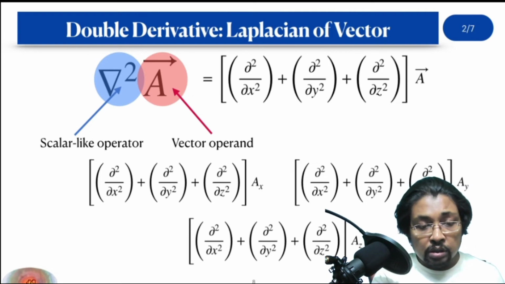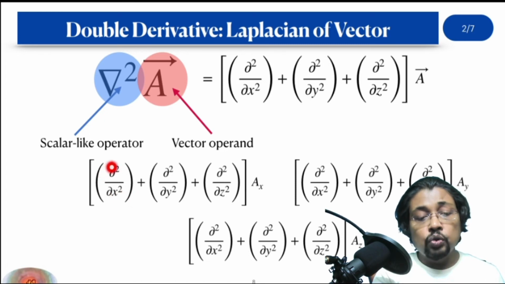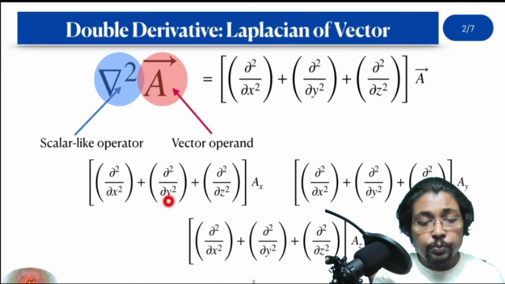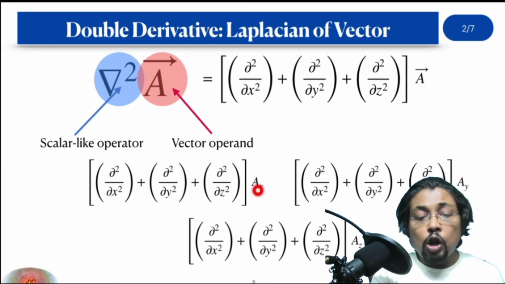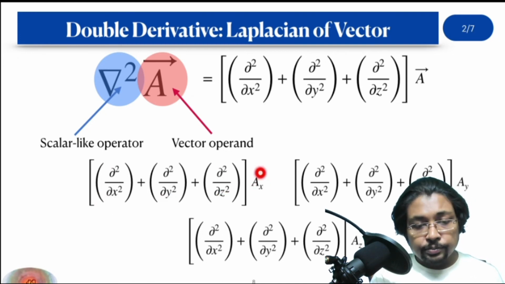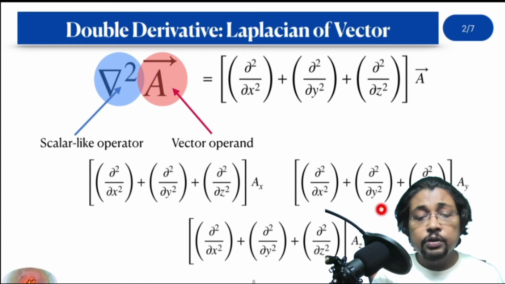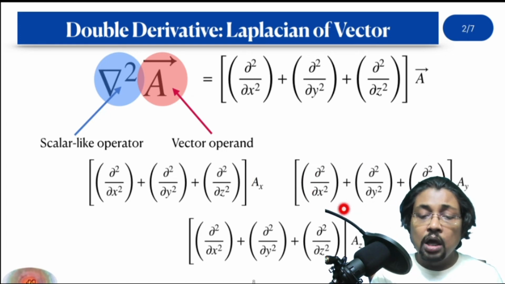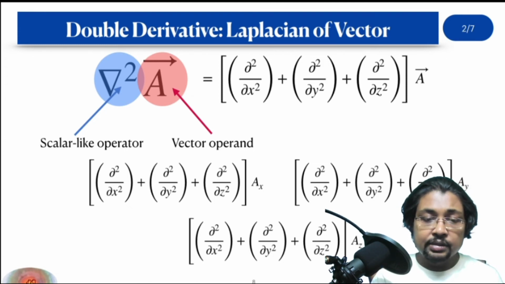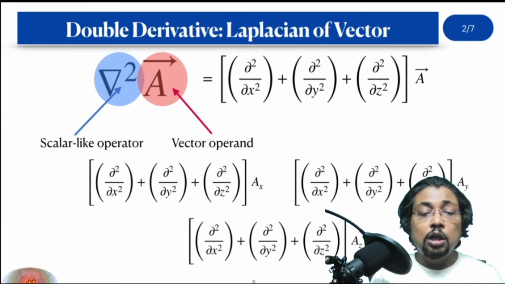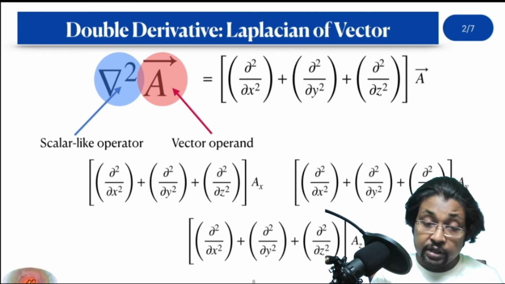So the del squared by del x squared and del squared by del y squared and del squared by del z squared, all of these directional operators will operate over this ax. Similarly, all of the directional derivatives will be operated over ay, and all of these derivatives will operate over az. So this is the significance of the double derivative Laplacian over a vector.